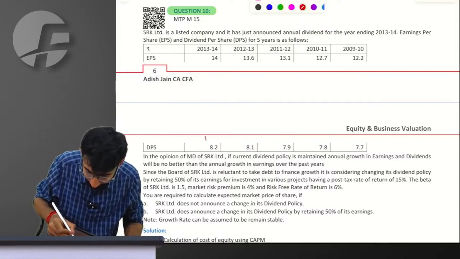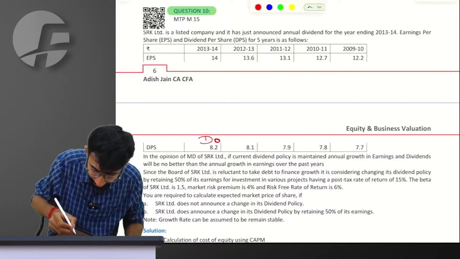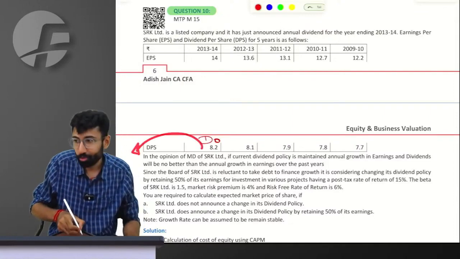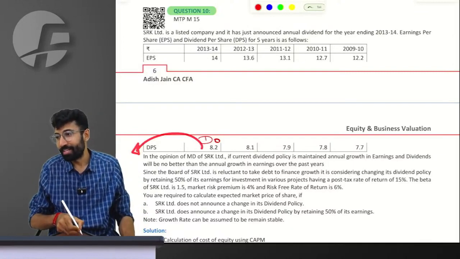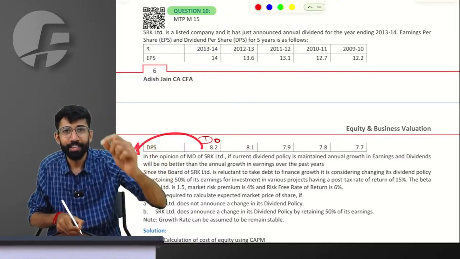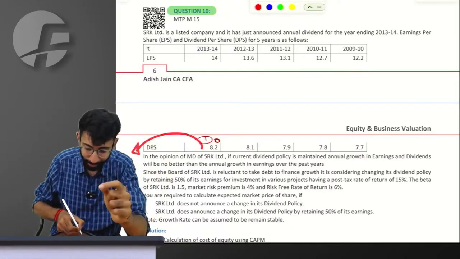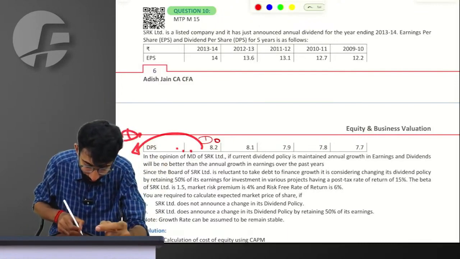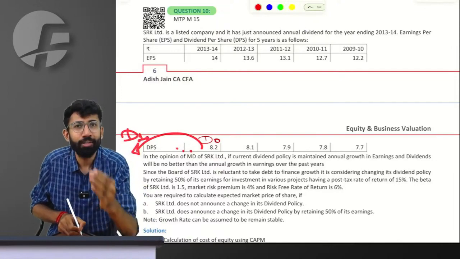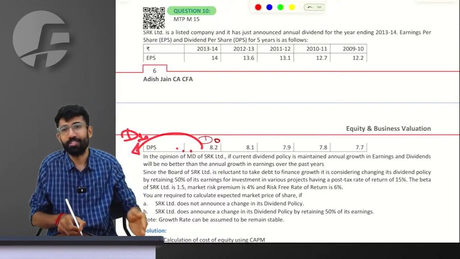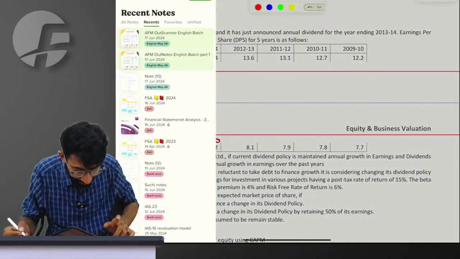Sir, if it is D0, why can't I simply add my growth to the dividend? Oh ho, Sahil, this is brilliant. Because my payout ratio has changed. Brilliant people in the class.